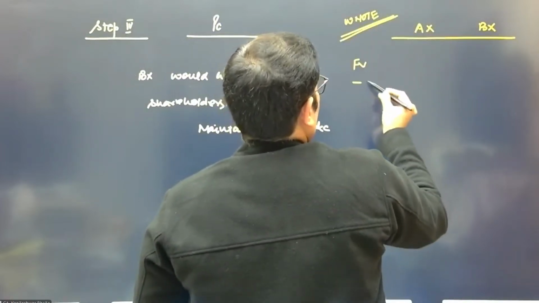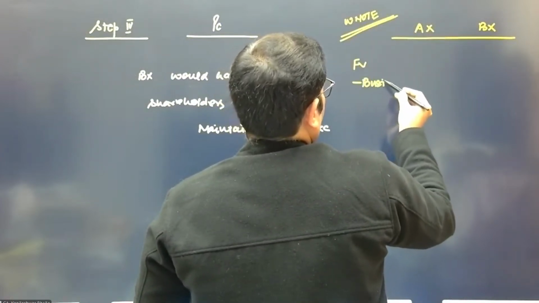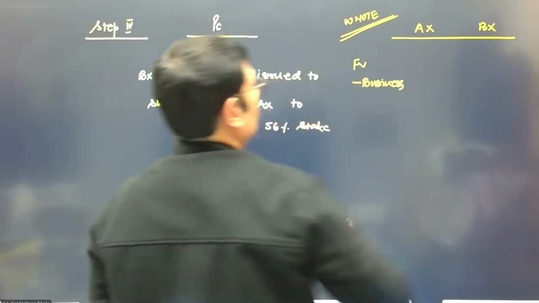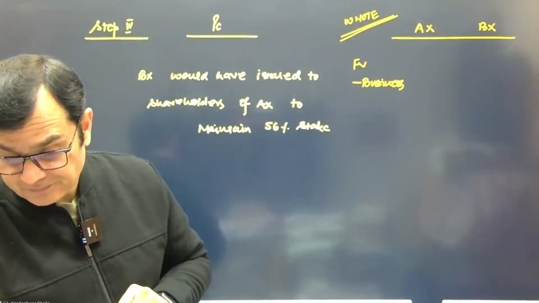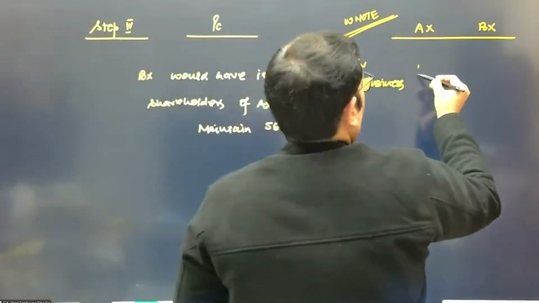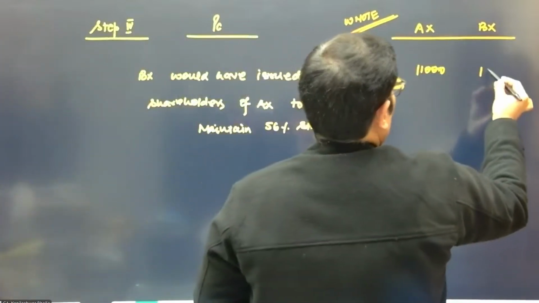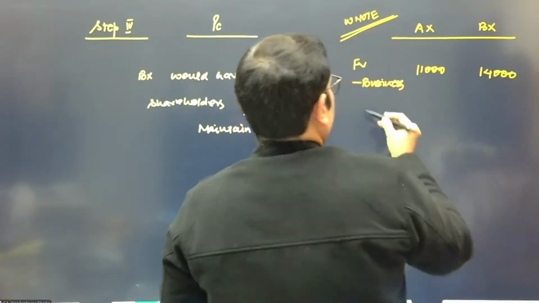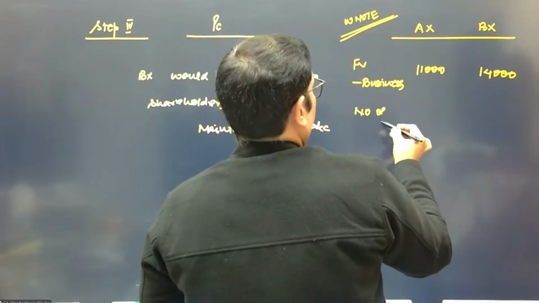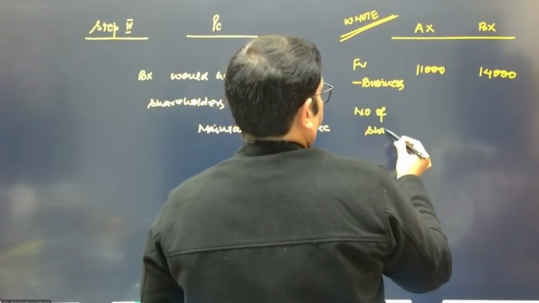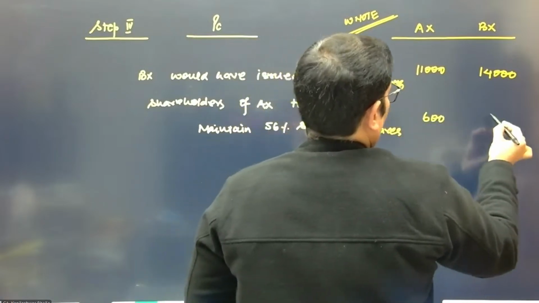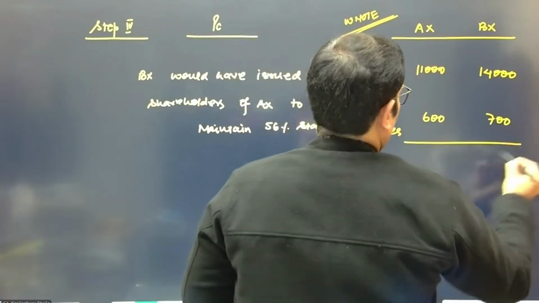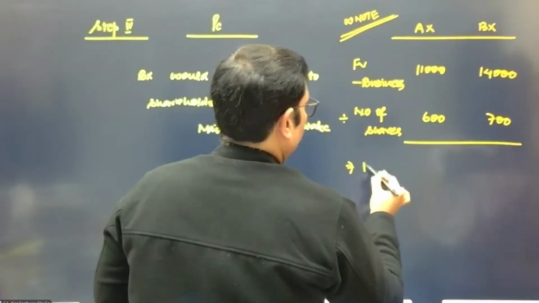So let's see what was the fair value of the business, which we had seen earlier as well. What was the fair value of AX and BX? 11,000 and 14,000. Great. And let's see the number of shares in the balance sheets of these companies. 600 and 700. Wonderful indeed. So we will be able to get the fair value per share.